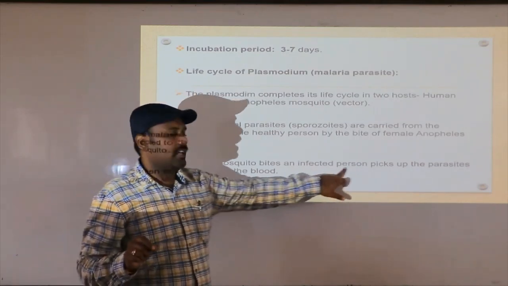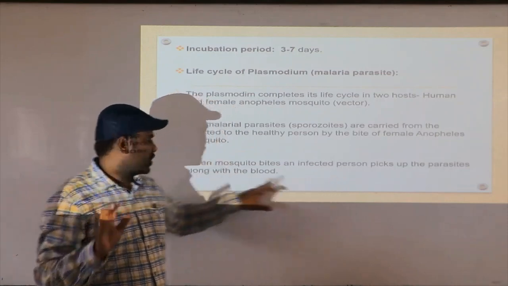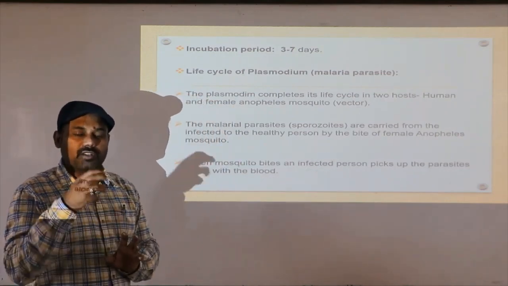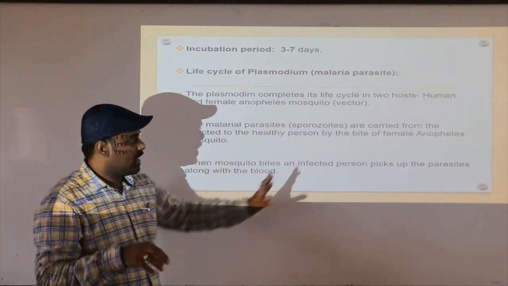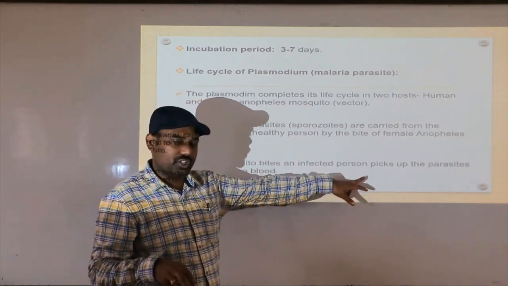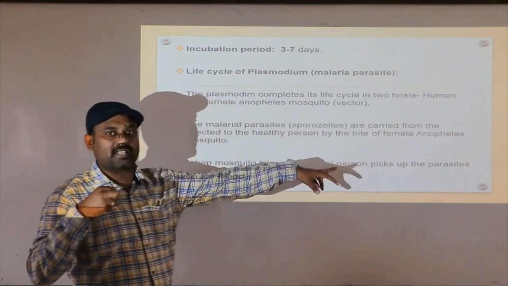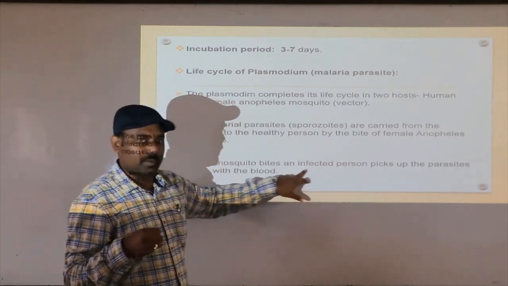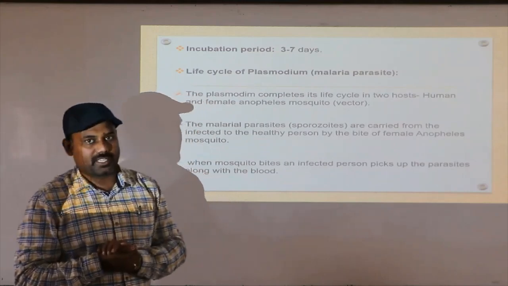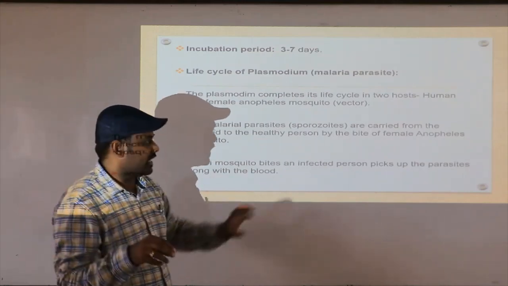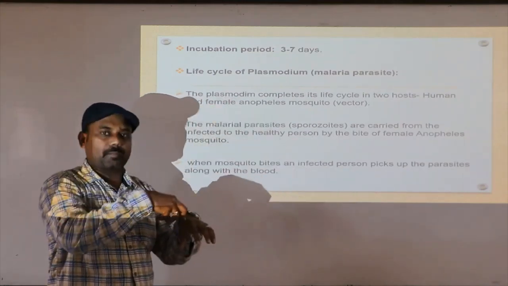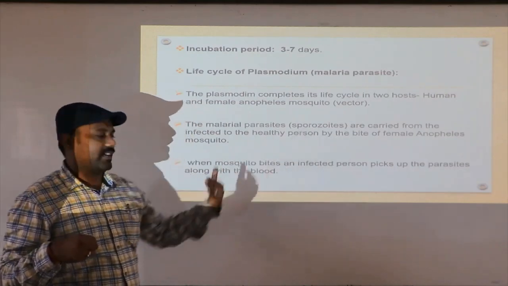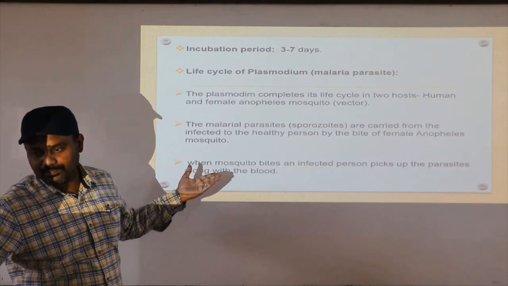When a mosquito bites such a person, it picks up the parasites along with the blood, because those sporozoites are present in the blood of the infected person. So when the mosquito sucks the blood, along with the blood the parasites enter into its body.